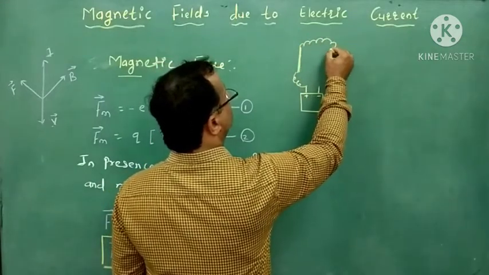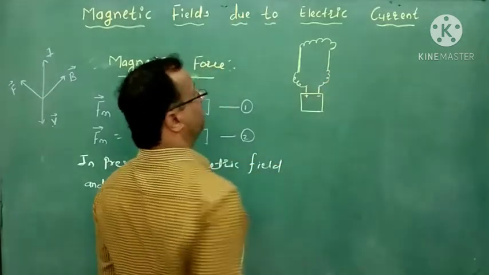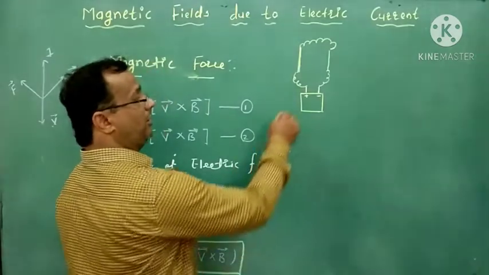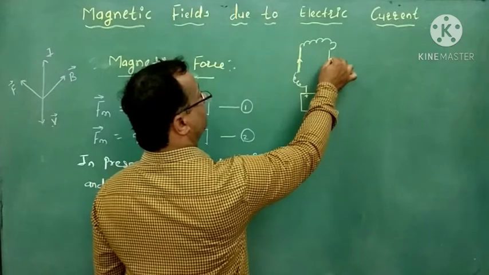Again, suppose this will be the conductor, and now these will be the connecting wires. You know the direction of flow of current. The current flows along this direction.